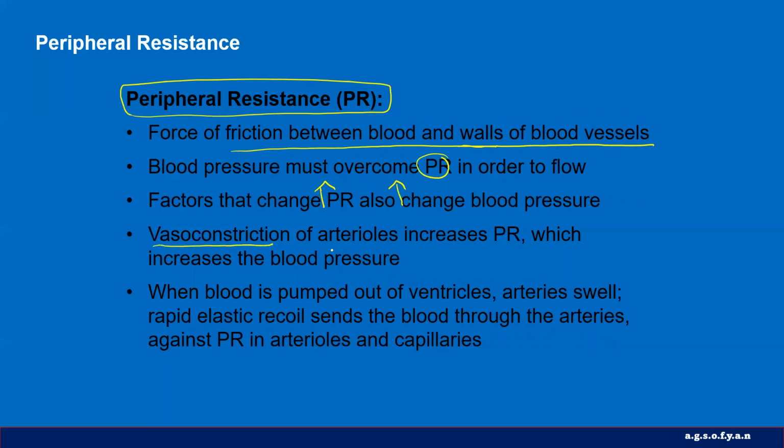Vasoconstriction of the arterioles will also increase the peripheral resistance. So when the blood vessel smooth muscle constricts, automatically it will increase the peripheral resistance, and of course it will also increase the blood pressure.